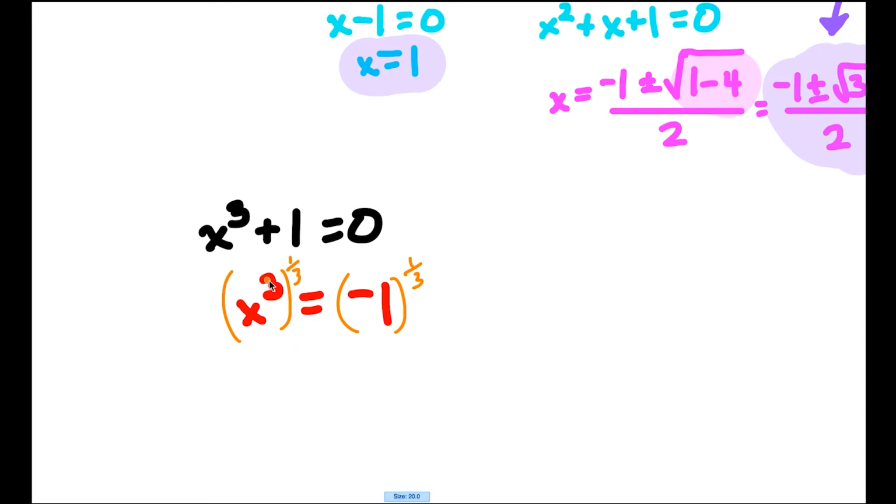It is the same thing. This cancels, and you're left with x is equal to negative 1 to the 1/3 power, which is just negative 1. So that's one of the solutions, but again, we should have 3 solutions based on the fundamental theorem of algebra. There needs to be some way of figuring this one out.